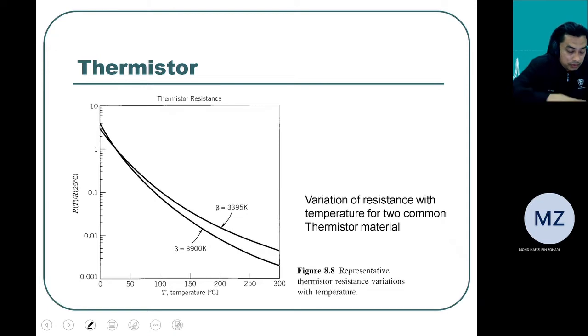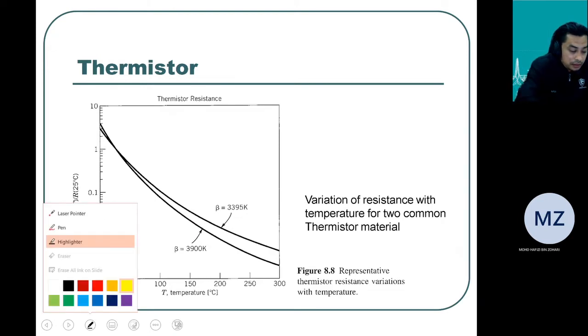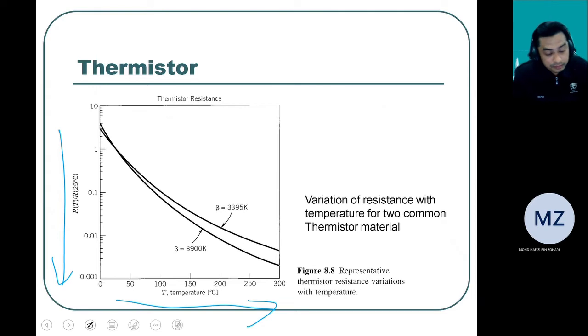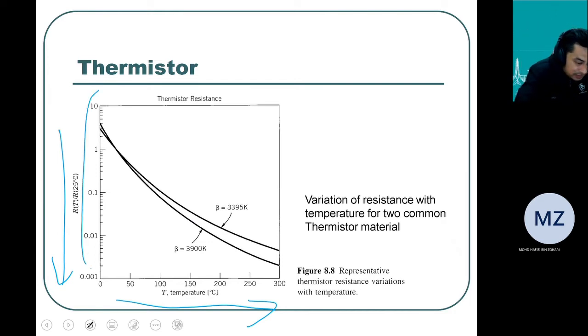If we look at the axis here, as temperature increases, the resistance will drop a lot, a lot. It looks like linear, but if you look at the graph, the scale here is a logarithmic scale.